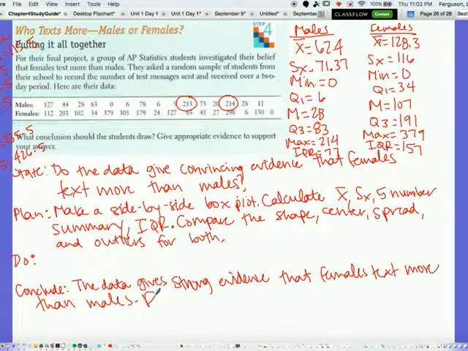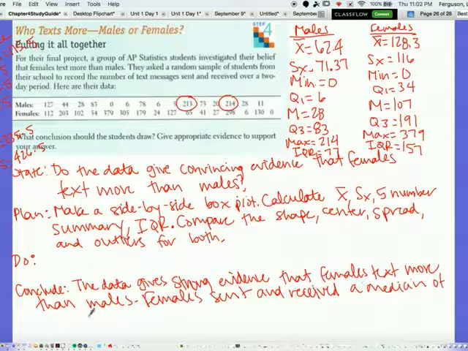And then you could go on to give some actual numbers. So you could say females sent and received a median of 107 texts, and we have that up here in our information, over a 2-day period.